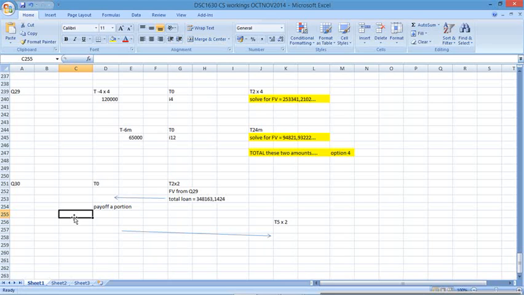Alright, so PV here, if you do it on the calculator, you get 267,106,642, okay, less the 85,000 Rand payment, balances that amount.